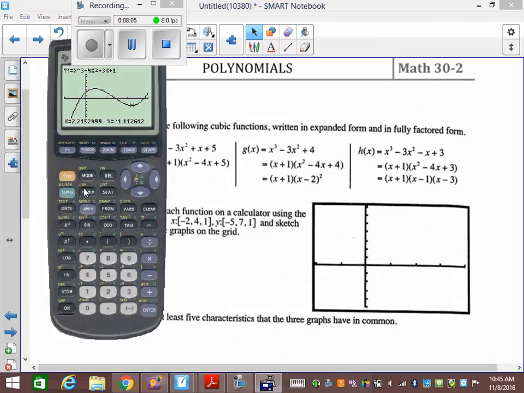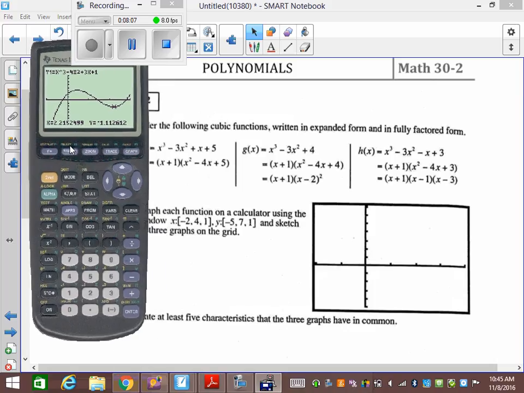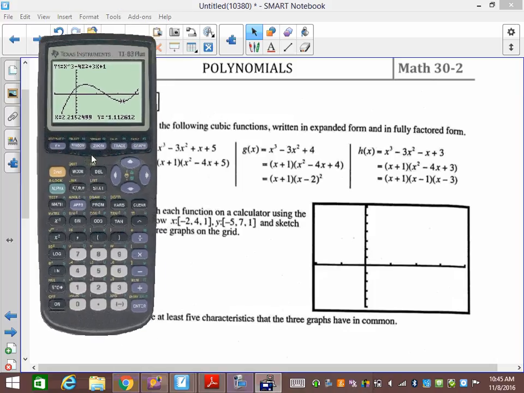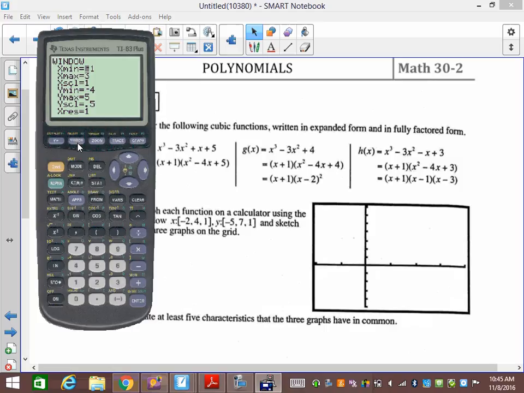So let's go to our window and change it. Zoom 6 resets it to negative 10, 10, negative 10, 10. But we don't want that. We want negative 2, 4, 1, and then negative 5, 7, 1.